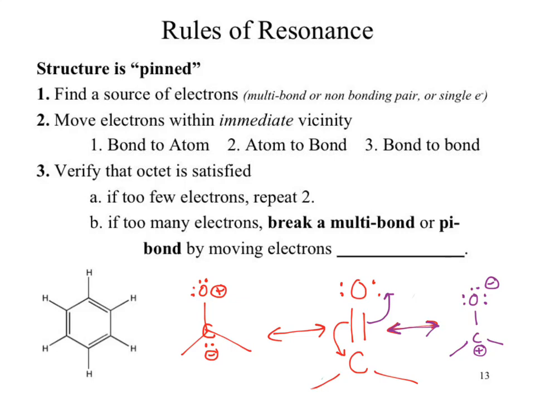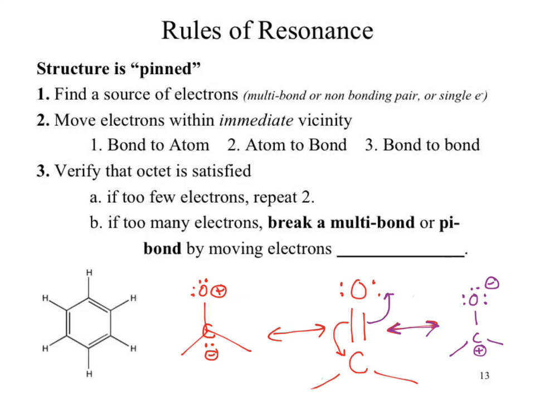Is one better than the other? Why is the one on the right better than the one on the left? Because the oxygen has charge. Yes, the oxygen has its octet. I don't quite accept that answer. Why do I care about a negative charge on oxygen?